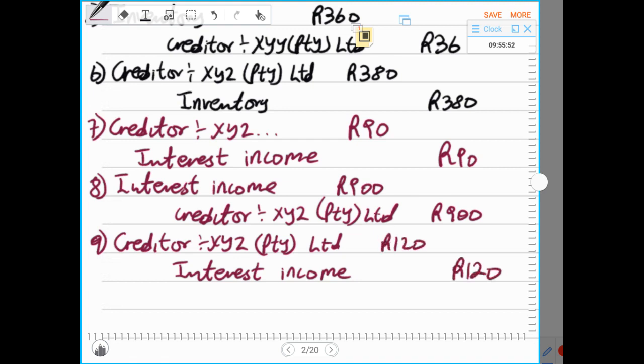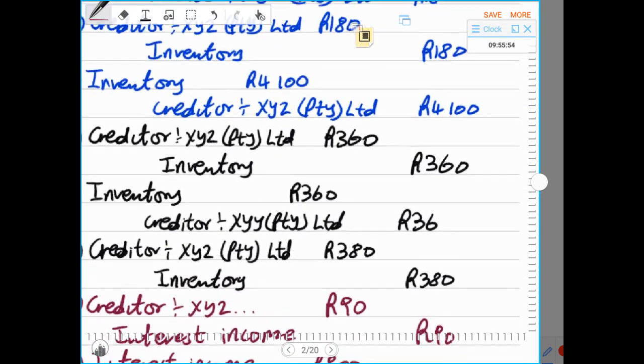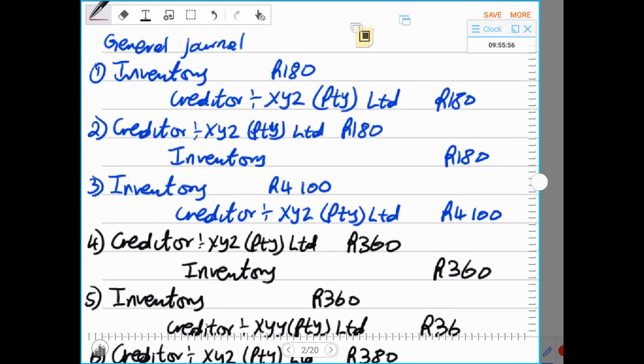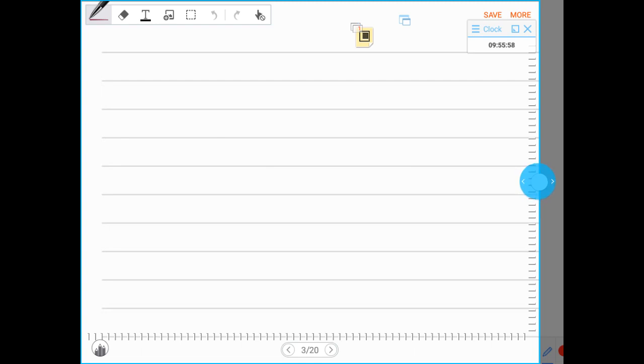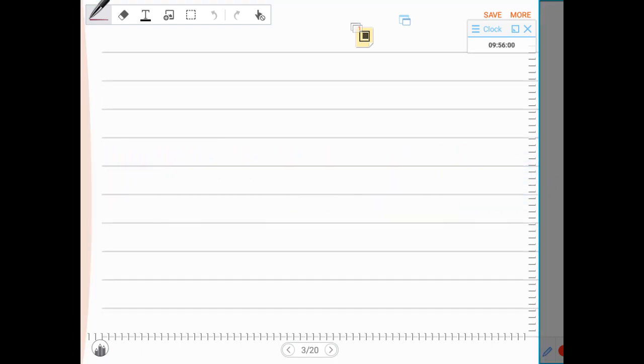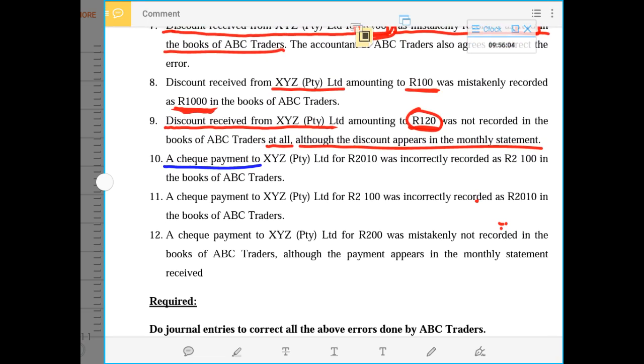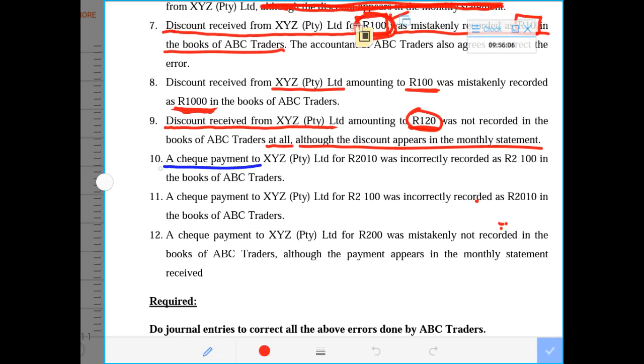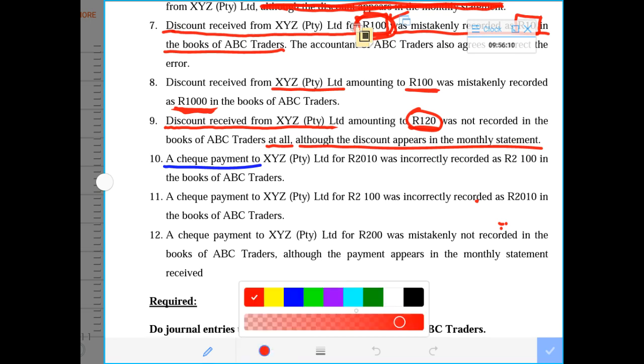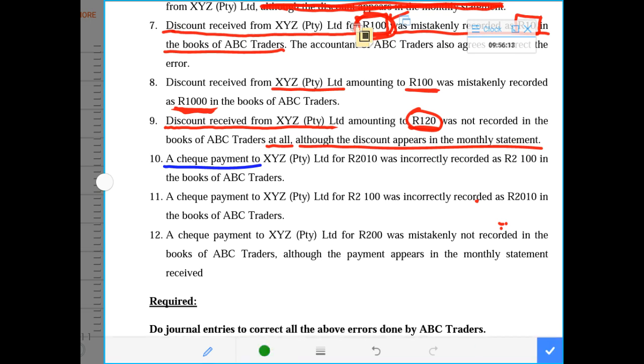So now we have recorded all these entries up to so far number 9. And let me now record the last 3, which is number 10, number 11, and number 12. So let me go to 10, 11, and 12.